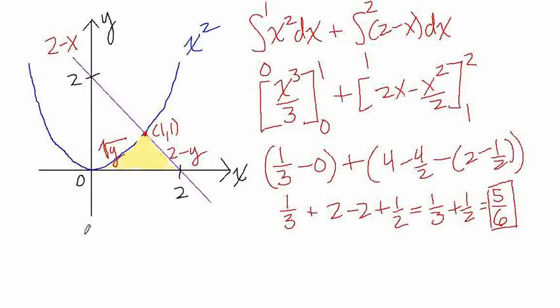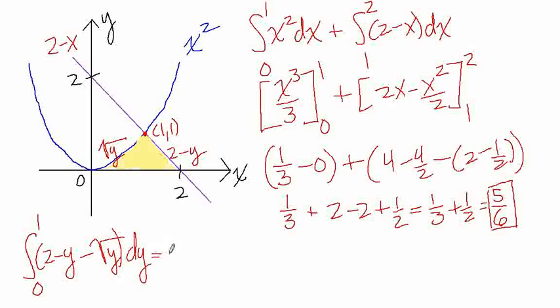All right, so for that integral, we're going to do the integral from 0 to 1 of 2 minus y minus the square root of y with respect to y. We only have to do one integral, which is kind of nice with respect to horizontal rectangles.